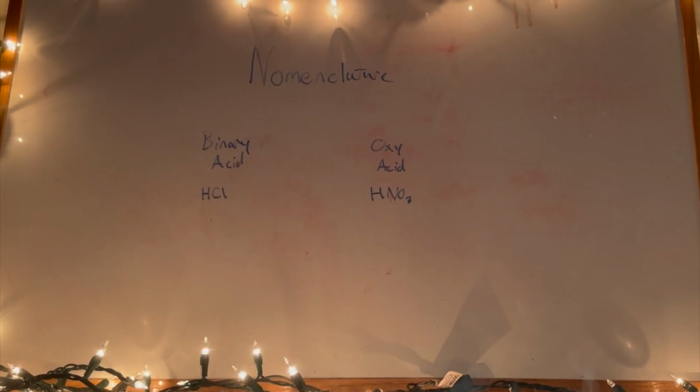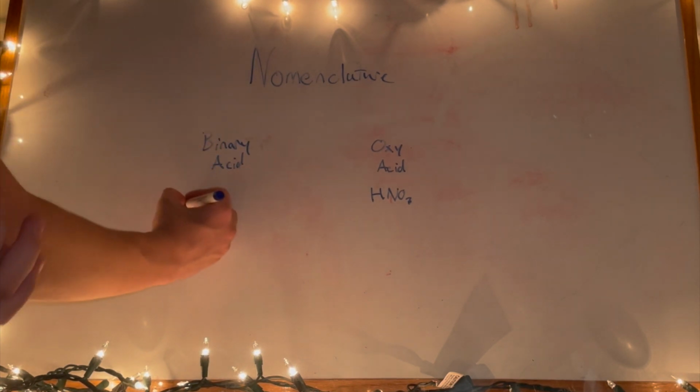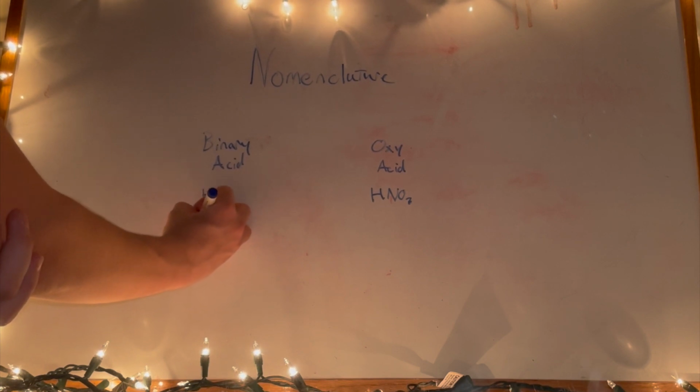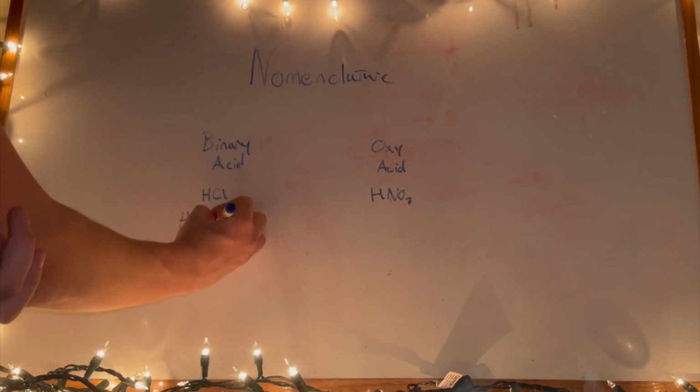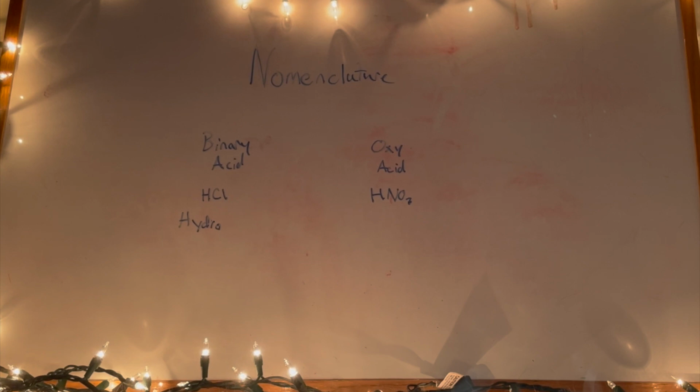All right, let's move on to the nomenclature of acids. So there's two main types of acids. There are binary acids and oxyacids. And the way we name these is essentially, if it is a binary acid, it's always going to have the prefix hydro. And then if it's an oxyacid, it won't have that.